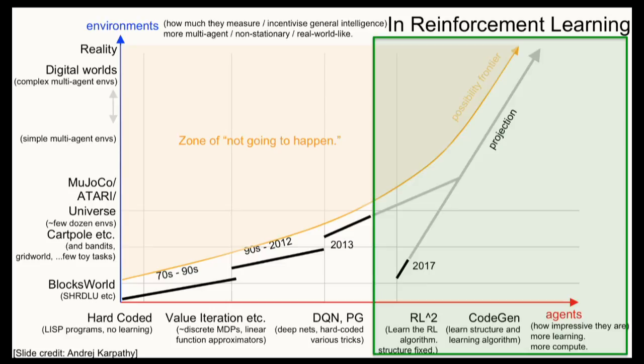So this is one way to do things here. The way I think about it in my head is that if you think about the architecture of a neural net, you could decide that the architecture is still fixed, but you just learn the parameters, which happens in RL squared, which we'll talk a bit about. And then the next level would be something where the architecture is not fixed anymore. When you're learning the architecture, you're probably not learning it at the level of every individual edge, but you probably have a more compact representation.